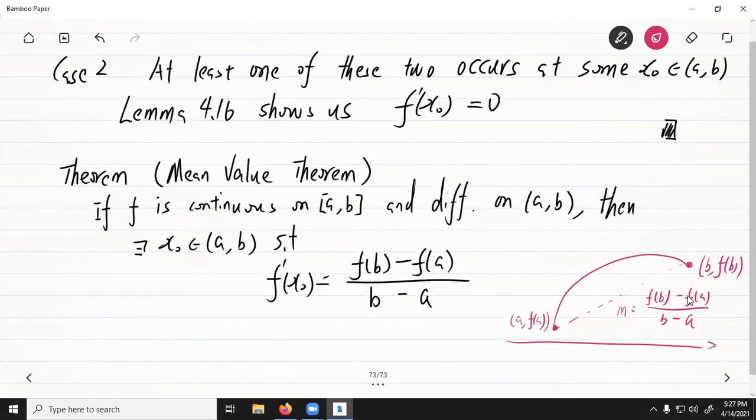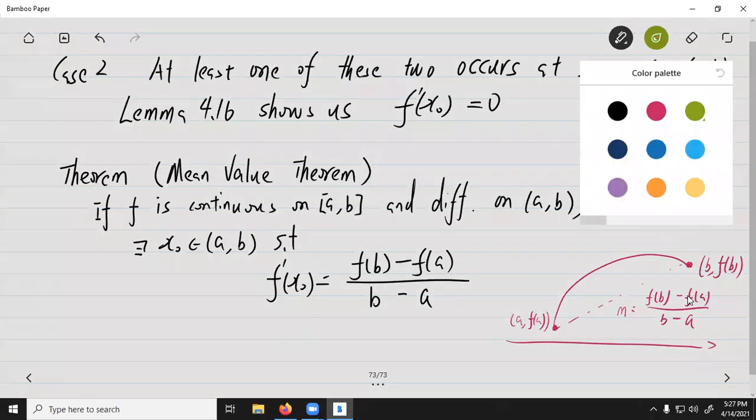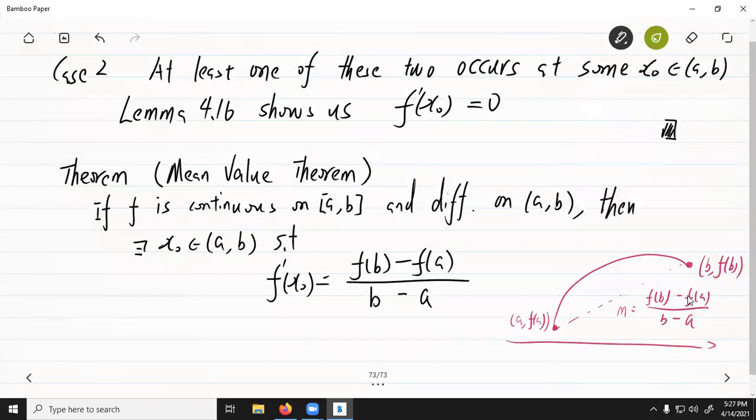So this theorem tells you that you must have some point x0 here where the derivative at this point is the same as this number. In other words, the tangent line through this point should be parallel to this dashed line here. They have the same slope. Okay, so this is the geometric meaning.